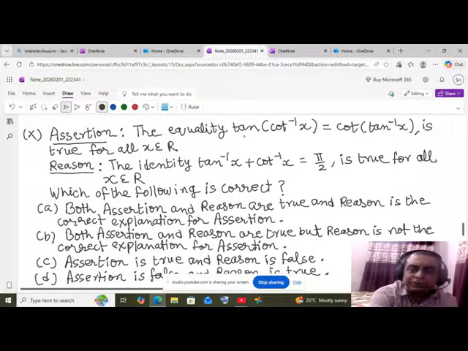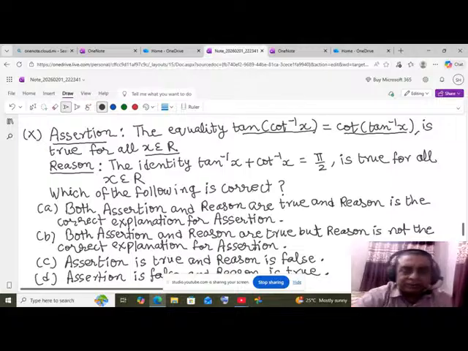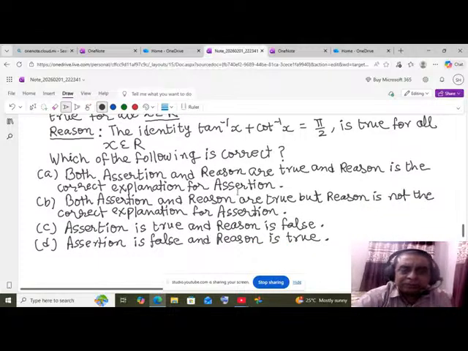Assertion: the equality tan of cot inverse x equals cot of tan inverse x is true for all x element of R. Reason: the identity tan inverse x plus cot inverse x equals pi by 2 is true for all x element of R. Which of the following is correct? Now we have to check which is correct.